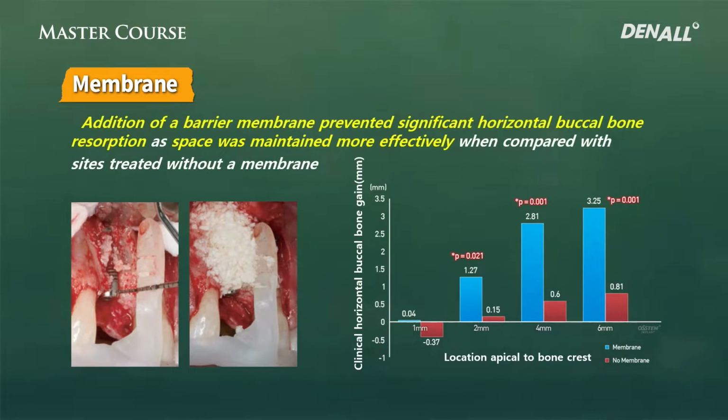Even the existing bone is resorbed. In other words, for better prognosis, it is better to use the barrier membrane. Regardless whether the periosteum is intact or not, barrier membrane can give a better prognosis and more stable bone regeneration.